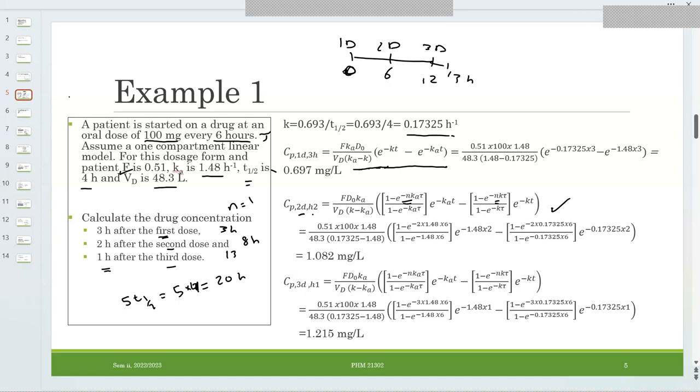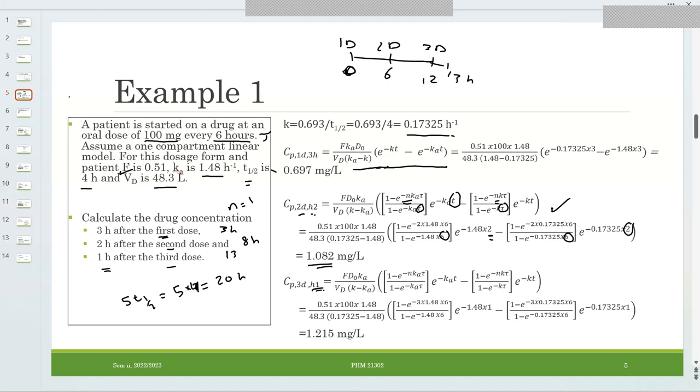Number of doses here is 2 doses. 2 hours later, this is the 2 hours, this is the small t. T small is the time after the dose. You substitute it here. Here you substitute tau. Tau is 6 hours. Okay? So you get a result that is 1.082.